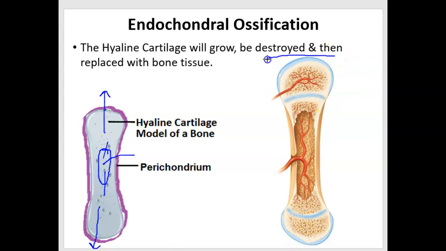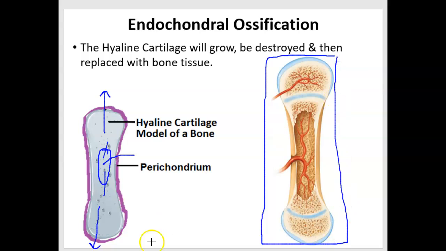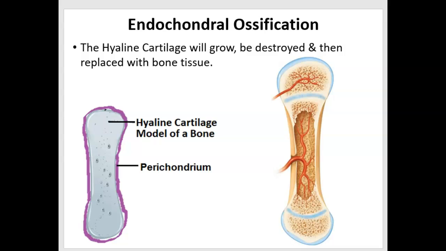So that ultimately, when we get to at least adolescence, a bone is going to consist of just one region of cartilage still remaining, and that's called the epiphyseal plate. Usually there's also articular cartilage on the ends. But we're going to start here with the hyaline cartilage model, surrounded by perichondrium.